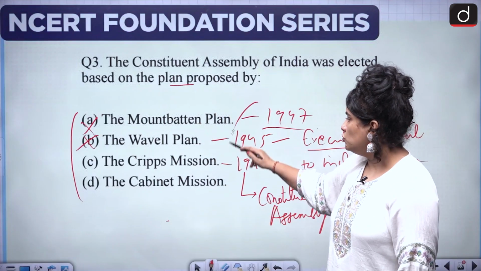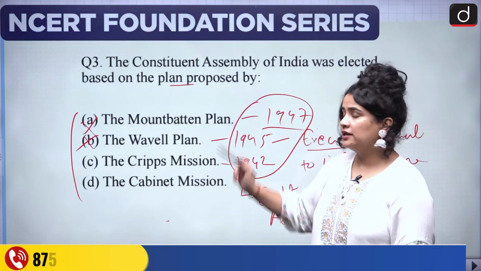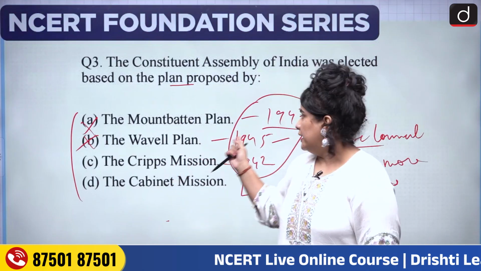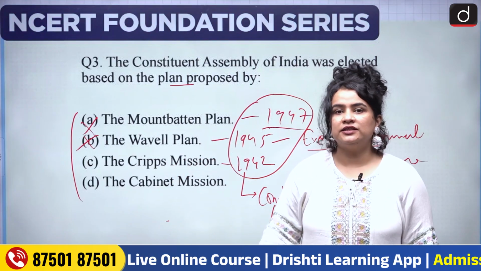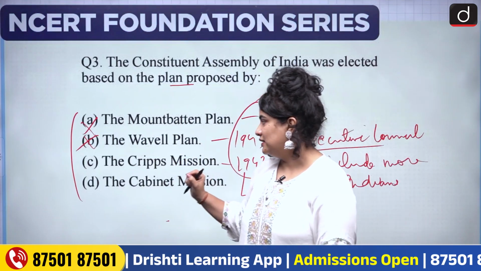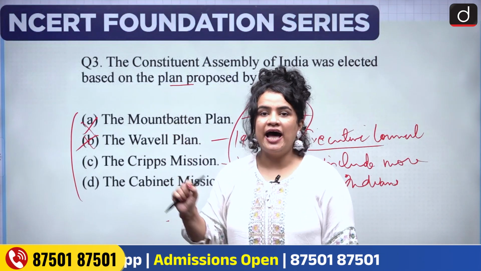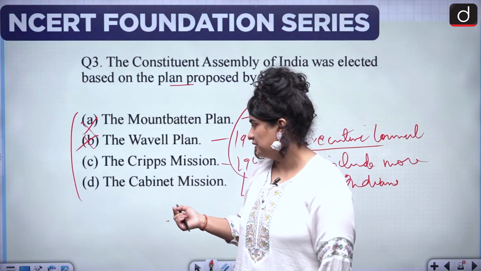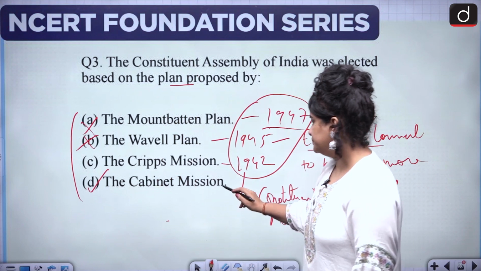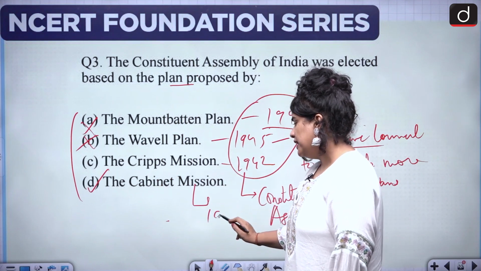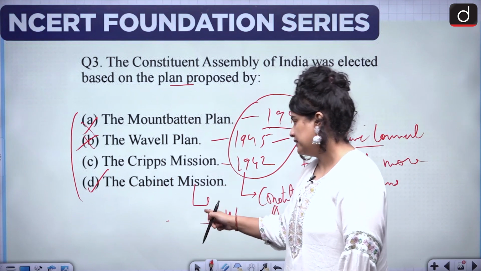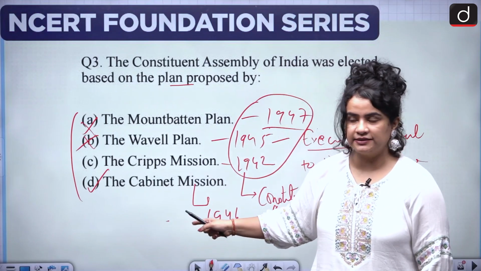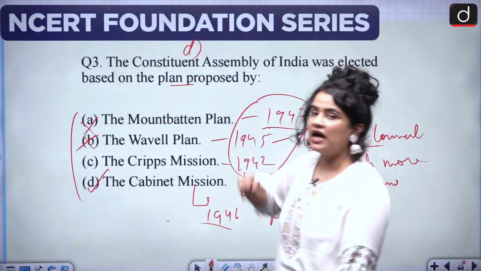So if you know when these plans or missions or committees were constituted, then you can at least make an educated guess that the Constituent Assembly must have been constituted around 1946, right? So again, Cabinet Mission is the correct answer. It was under this plan that the Constituent Assembly first met in December 1946. So option D is our correct answer.